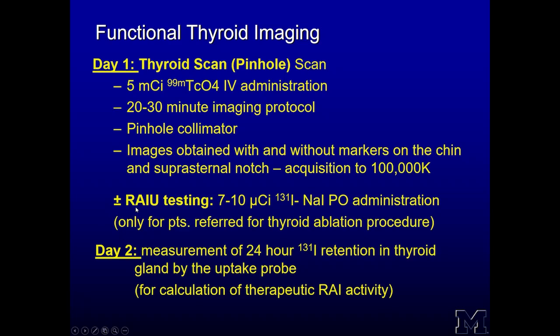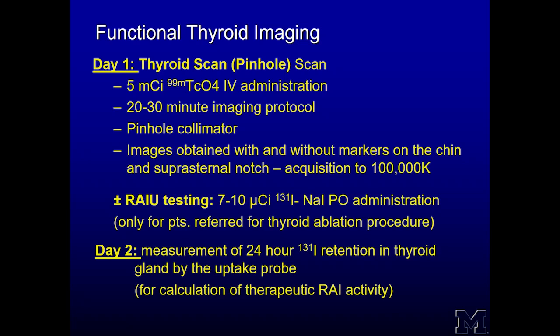The radioiodine uptake testing can be obtained at the same time by administering 7 to 10 microcurie of iodine-131 as oral administration. This is performed for patients referred for thyroid ablation procedure.